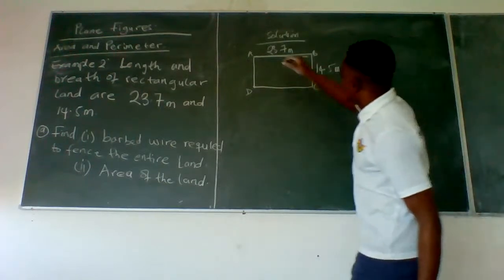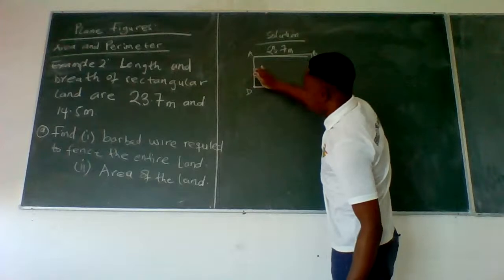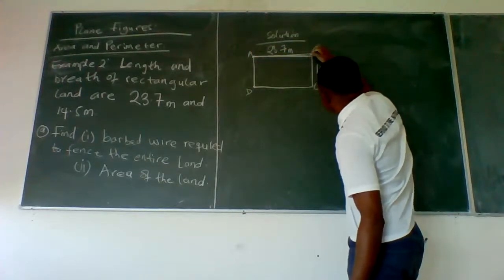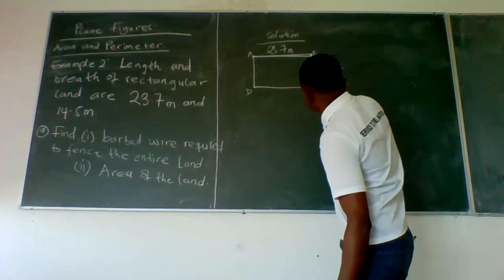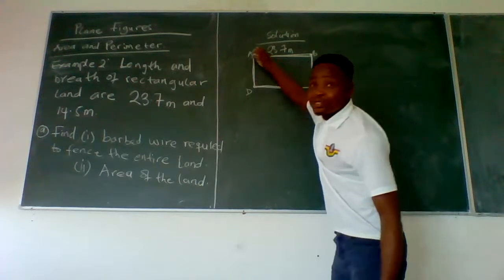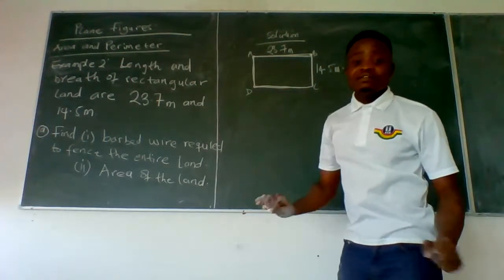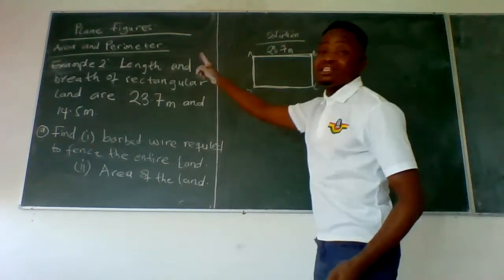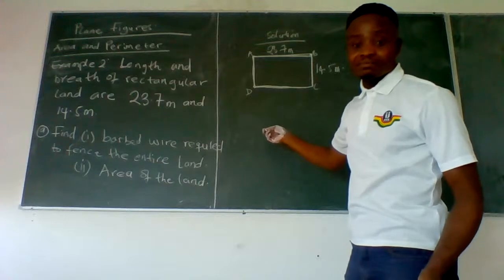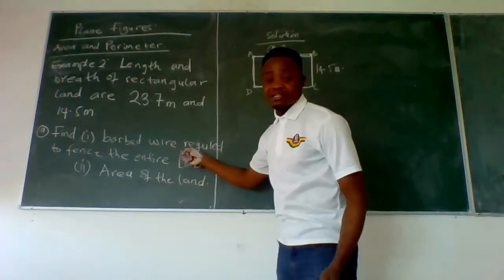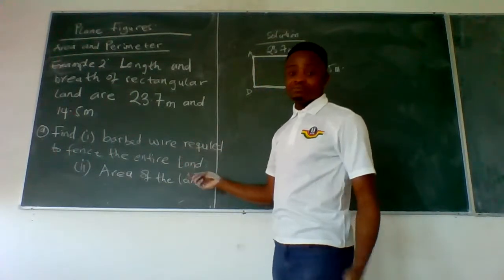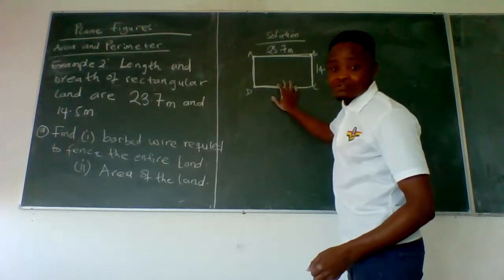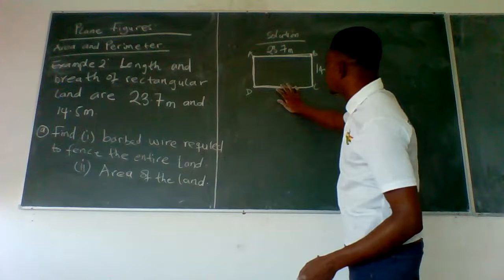So it means you have to stand here, extend the wire to this point, to this point, to this point, and back to this point. So this calls for finding the perimeter of a rectangle. This question is just finding the perimeter of a rectangle, because we are going to cover the total length of this field or plot.